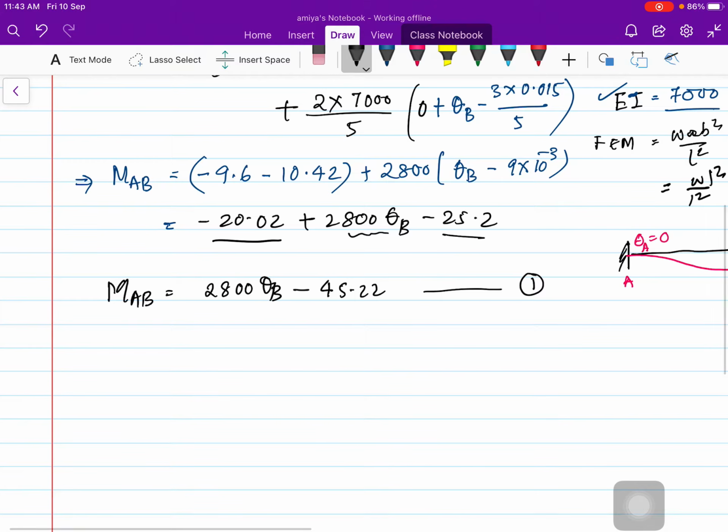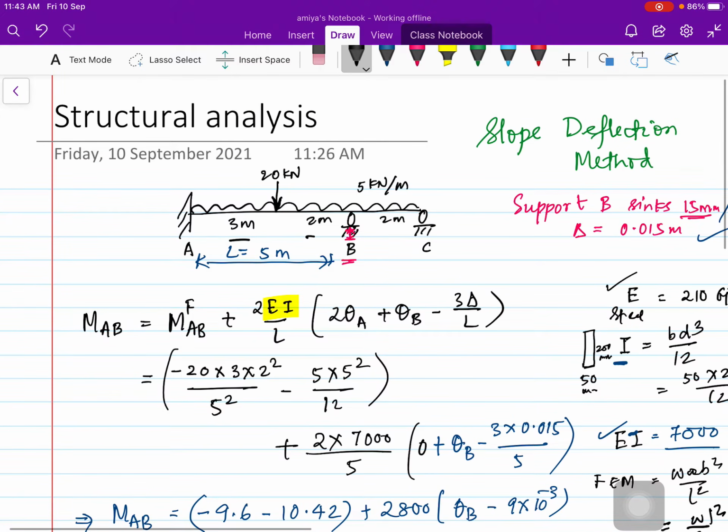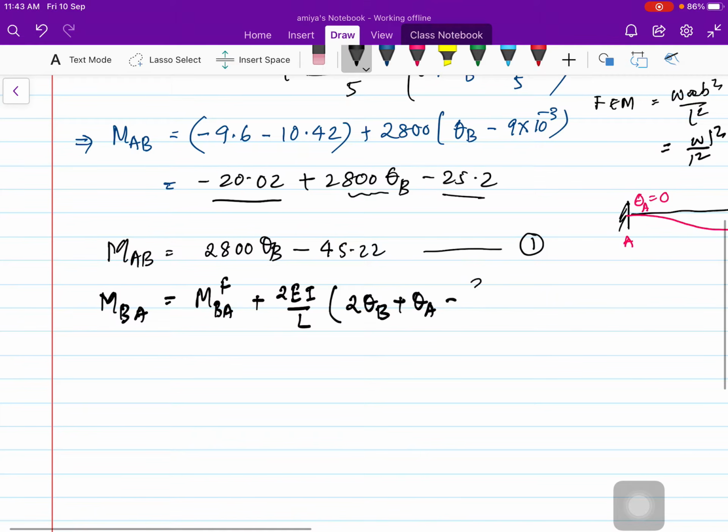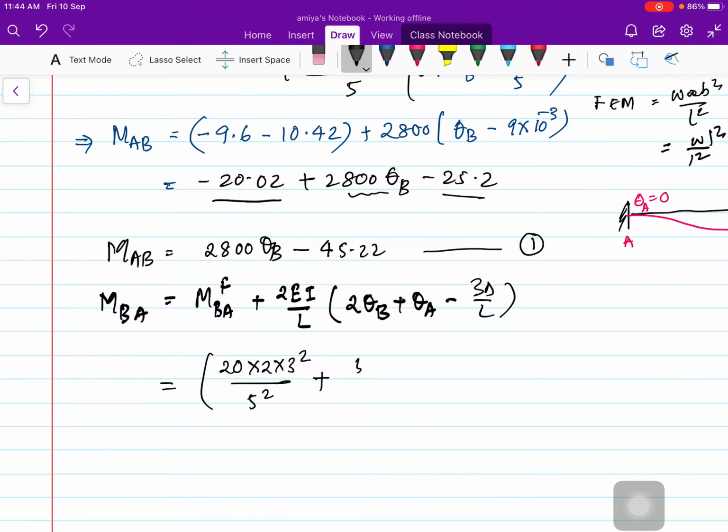So MBA will be the fixed end moment plus 2 EI by L times 2 theta B plus theta A, minus 3 delta by L. In the previous case, it was 2 theta A plus theta B; here it will be 2 theta B plus theta A. So the fixed end moment for this side will be positive 20 W AB square by L square, plus the UDL WL square by 12.